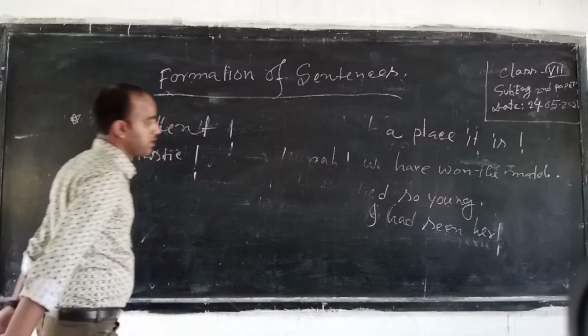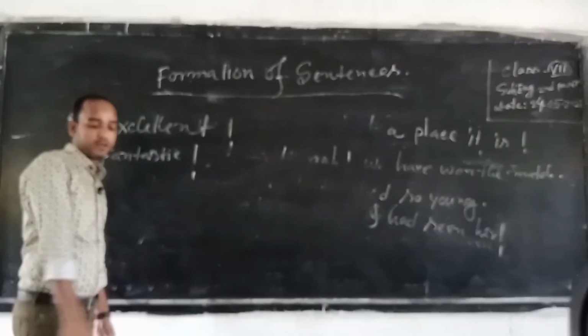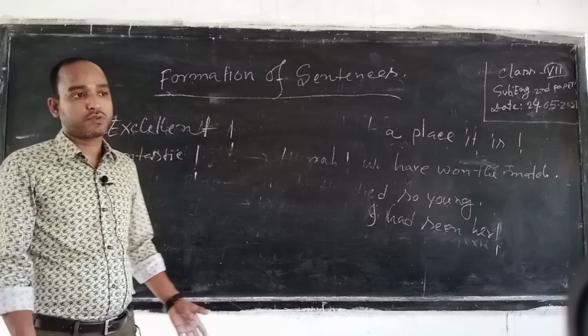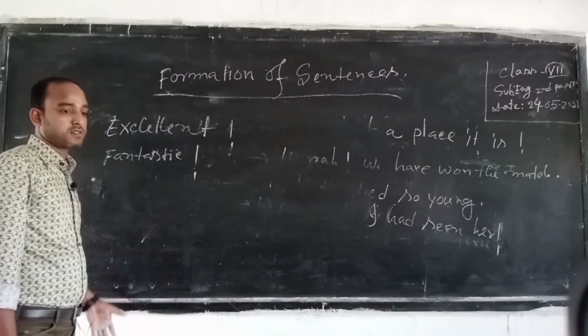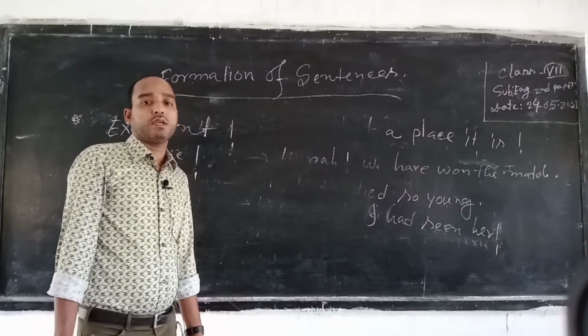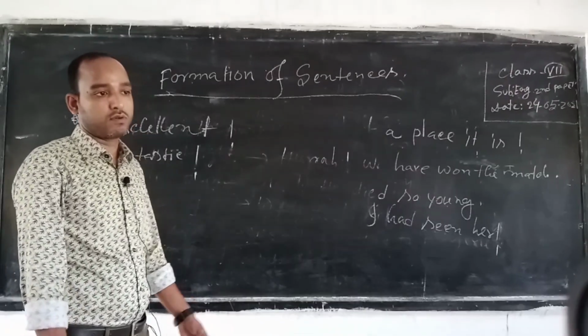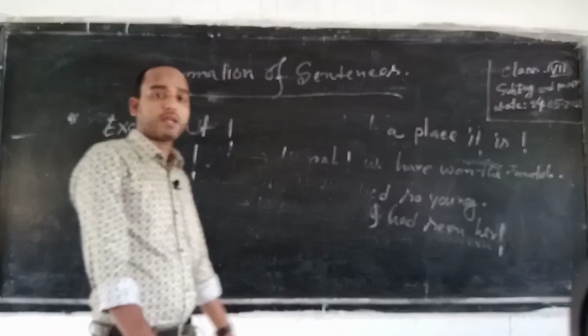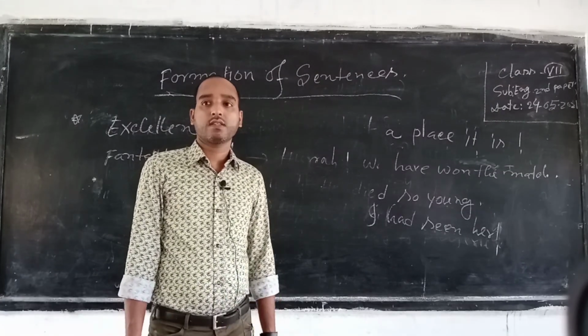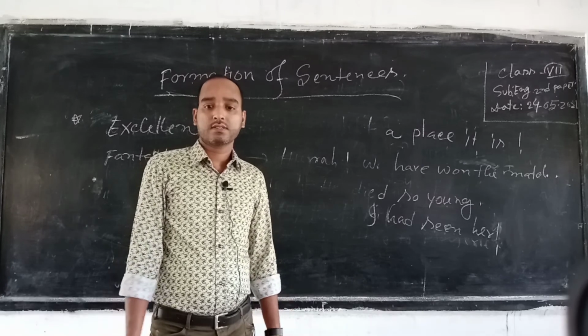These are also exclamatory sentences. Dear students, I think you have understood my examples and my lecture, and you will practice more and more staying home. That's all for today. Next day we will discuss another topic.